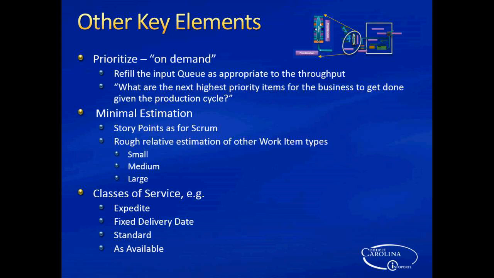Fixed delivery date, a project that probably has a university-mandated completion date, a statutory completion date, the GA mandated completion date. And then there's the standard, which is most everything else. And then there's the as-availables, i.e. we want to get it done at some point, but there isn't a fixed time we have to have it done. Work on it as you can.